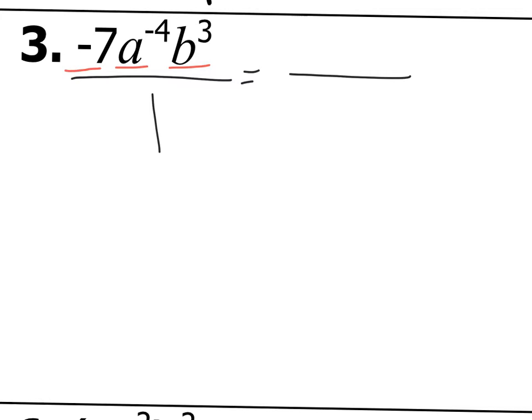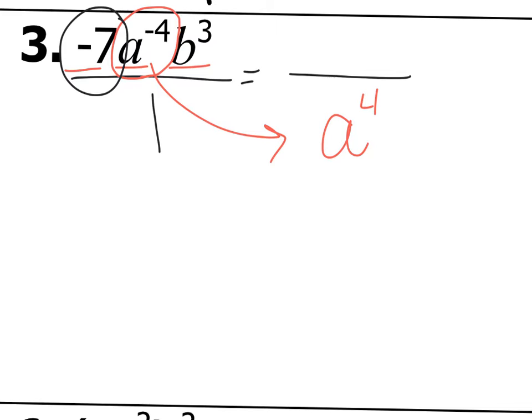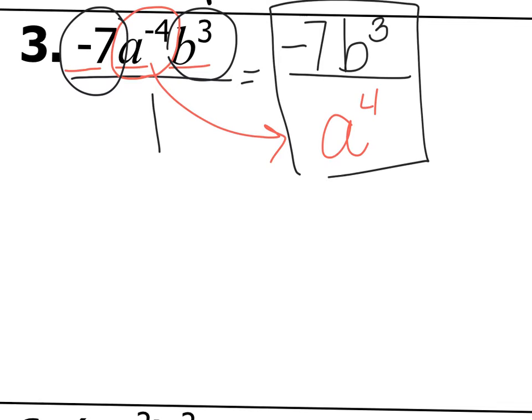The one that's going to flip or move to the bottom is a to the power of negative 4. So that's going to be a to the power of a positive 4. The negative 7 stays on the top along with the b. So here's my answer. See if you can try this question.